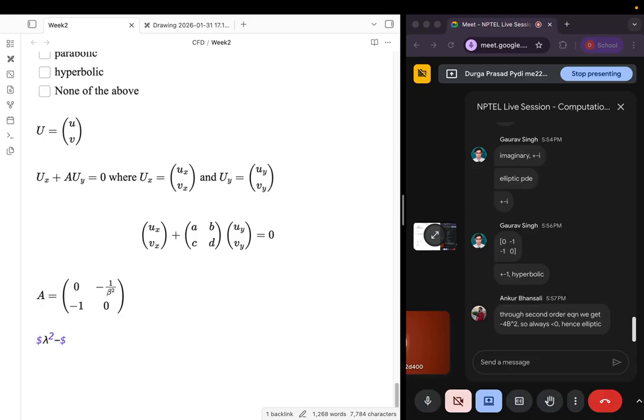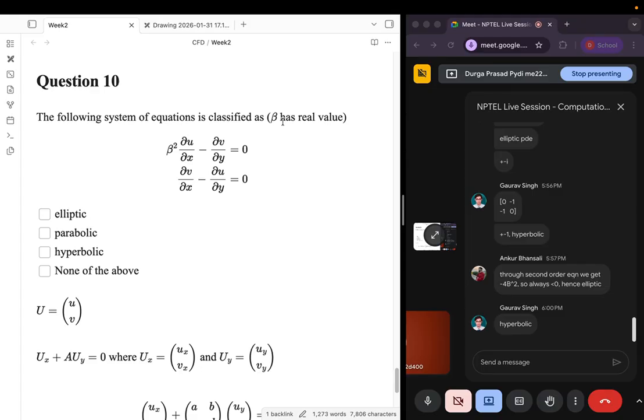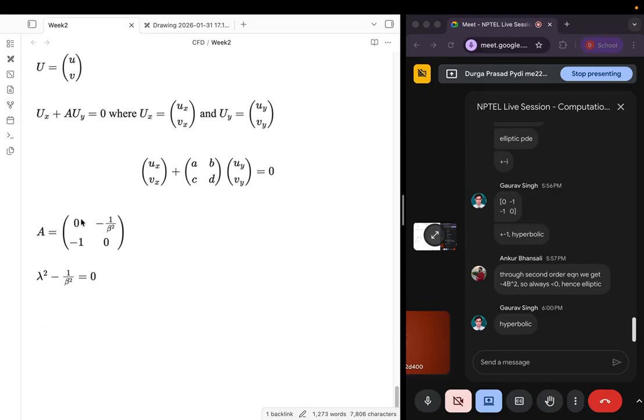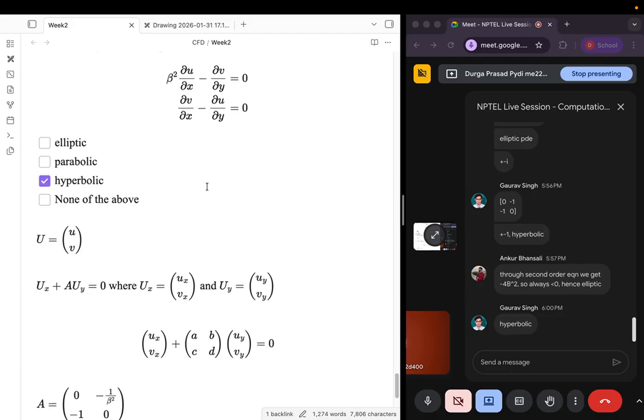Lambda square minus 1 by beta square equal to 0. This is the characteristic equation, which gives me lambda equal to plus or minus 1 by beta, and the problem tells you that beta has a real value. Since beta has a real value, you can be sure that there are two distinct values, so this is hyperbolic in nature.